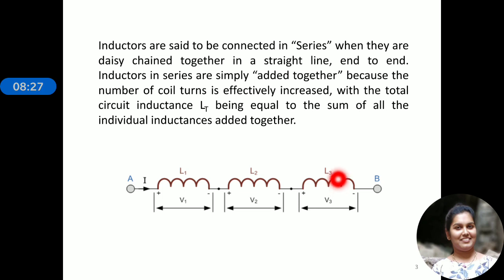The three inductors L1, L2, L3 are connected in series between the points A and B, so all the currents flowing through the individual inductors will be the same.